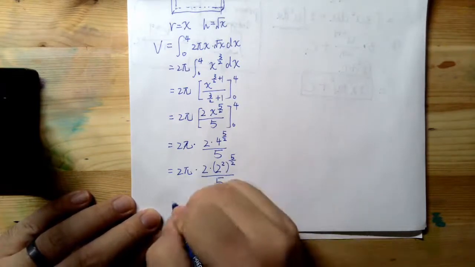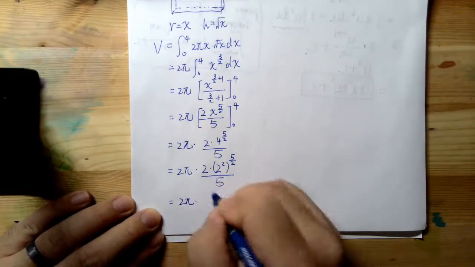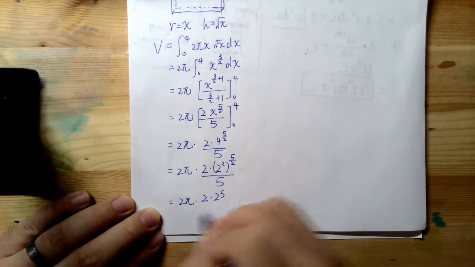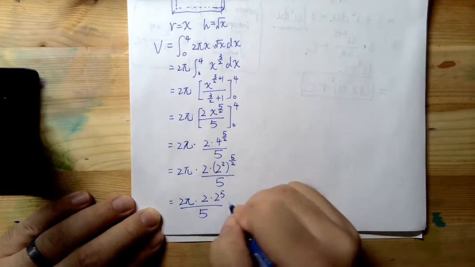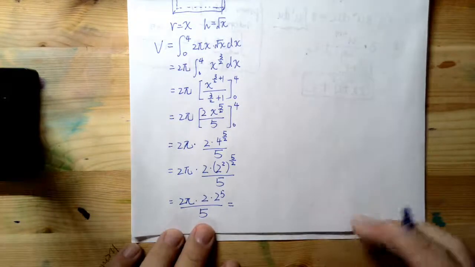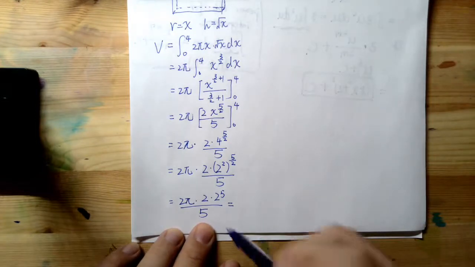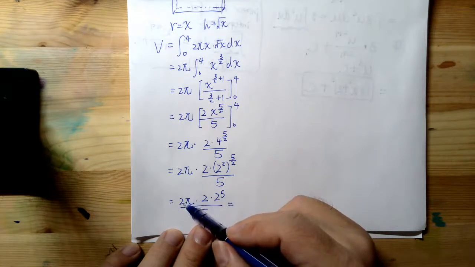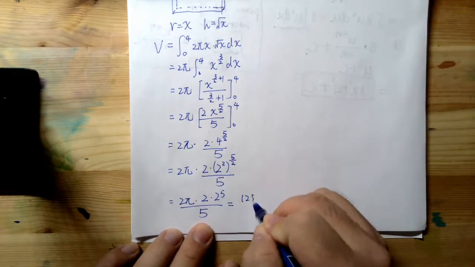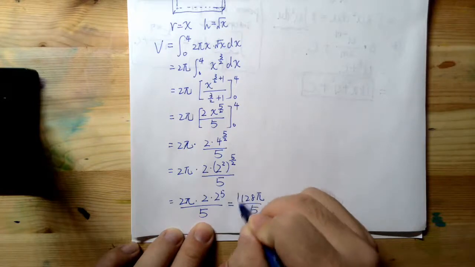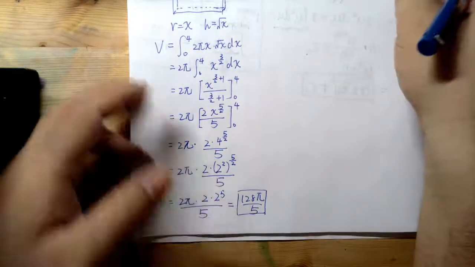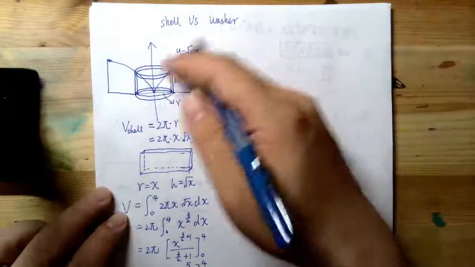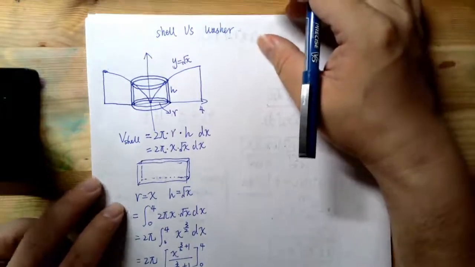So 2 pi times 2 to the power 5 times 2. 2 to the power of 5 is 32, this is 64, this is 128. So it turns out this is 128 pi over 5. That's how we use the shell method to solve for the volume of this solid.